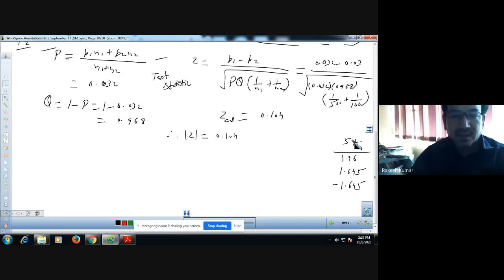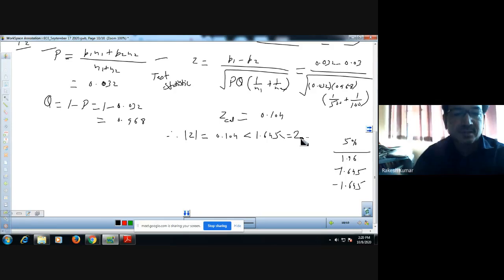All these values are at 5% level of significance. Because this is a right-tailed question, this value will be used. So the calculated value is less than 1.645. And this is the tabulated value, or you can say this is Z tab at 5% level of significance.